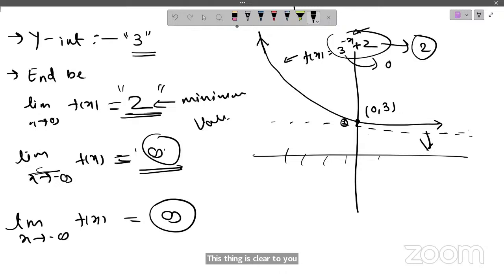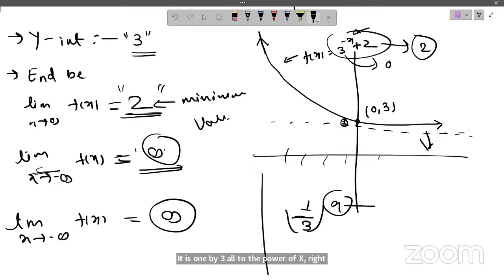Let us just talk about one part of it. For f of x equals 3 to the power of minus x, it is (1/3) to the power of x, right? This exponential is defined for all real numbers. As the value of x increases, it goes toward 2.